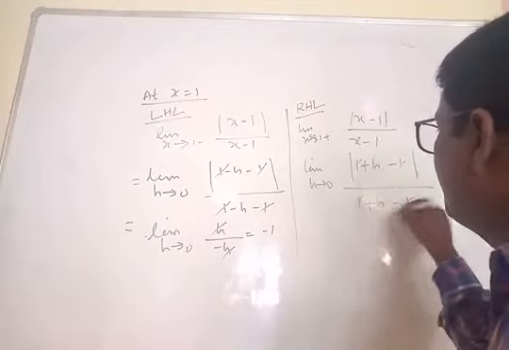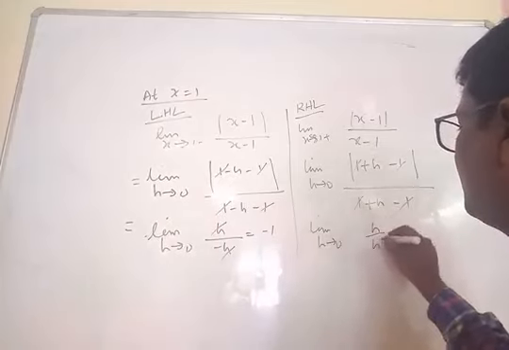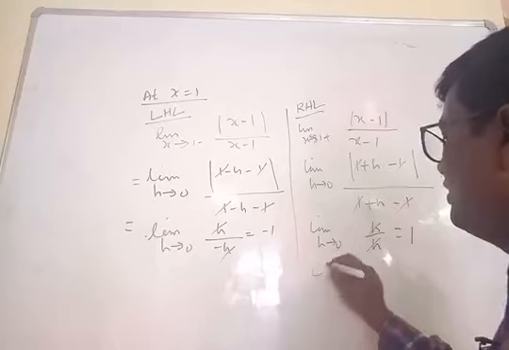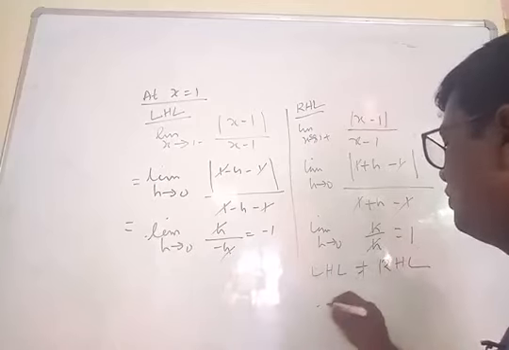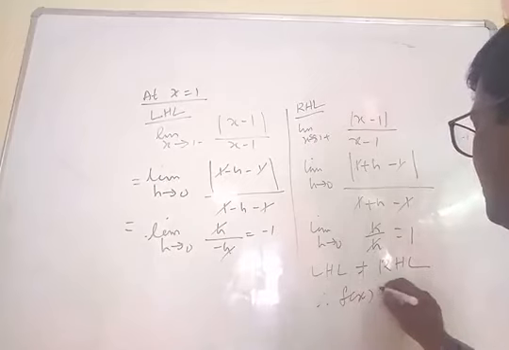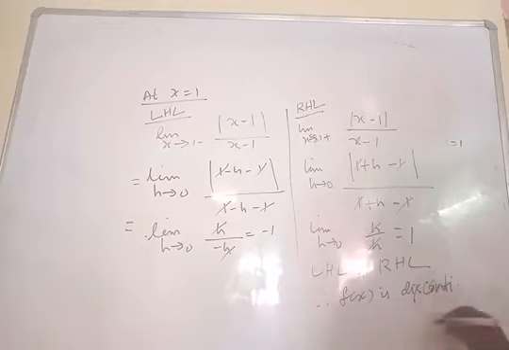This cancels, so limit h tends to 0, h by h is equal to 1. LHL is not equal to RHL. Therefore f of x is discontinuous at x is equal to 1.